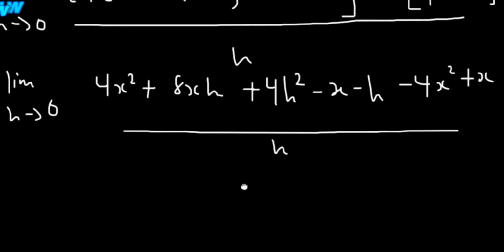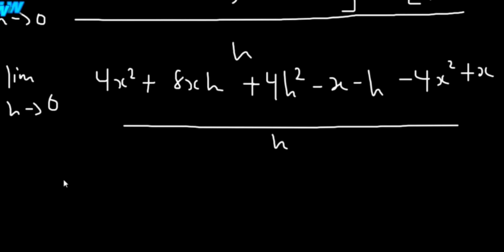Okay, so let's continue. So we have the limit as h approaches 0. So let's cancel out. So I can take out this and then this, and I can take out minus x and then this.